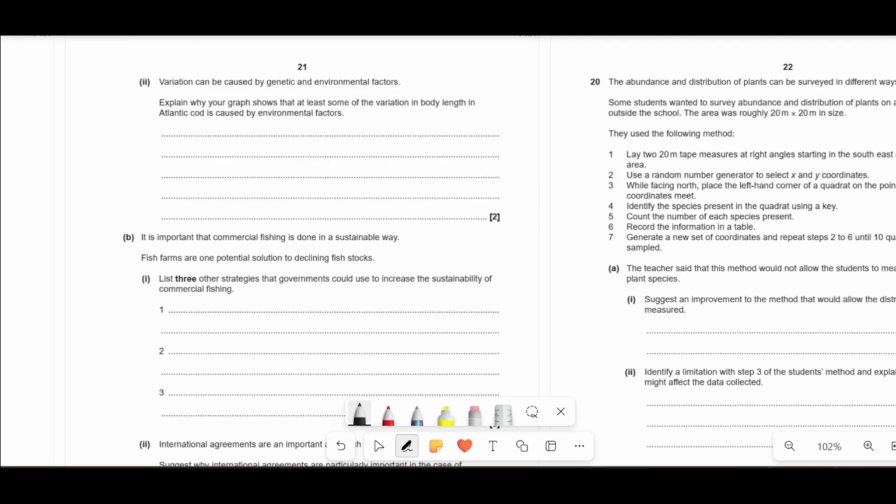Now it says variation can be caused by genetic and environmental factors. Explain why your graph shows that at least some of the variation in the body length is caused by environmental factors. If you actually draw that, you get a bell-shaped curve. If you have something that's controlled by a single gene and not environmental factors, it tends to be quite sharp, like one versus the other. If you have a nice continuous spread of results, that means it's not just single genes, and it could be multiple genes interacting with each other alongside environmental factors.